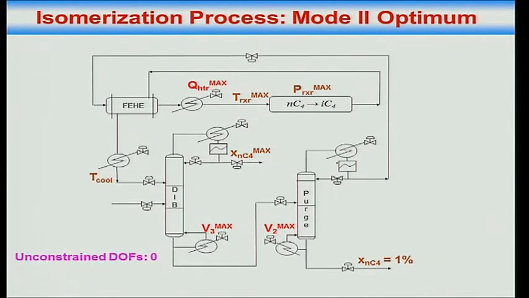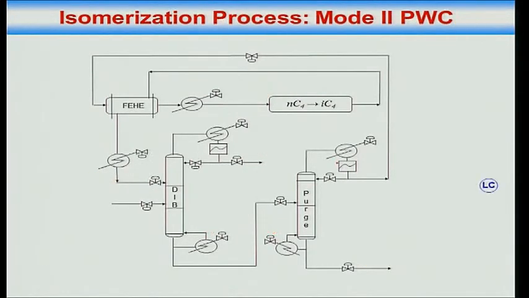So now the unconstrained degrees of freedom is 0. That level controller is there in case I need to put in some controllers, copy paste. Because these 3 constraints are active, these are flow controlled, not used for controlling anything.